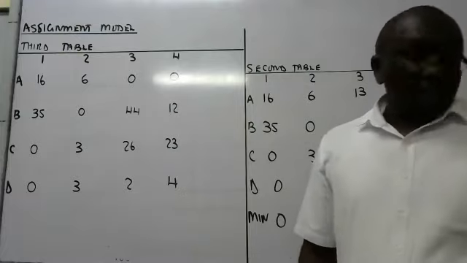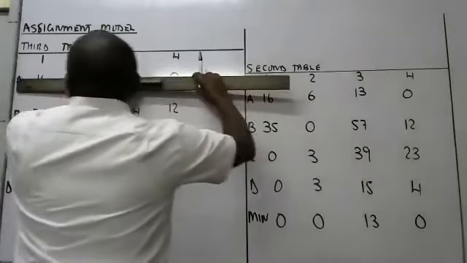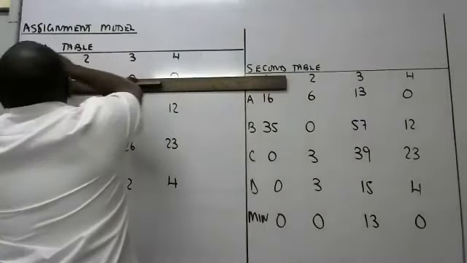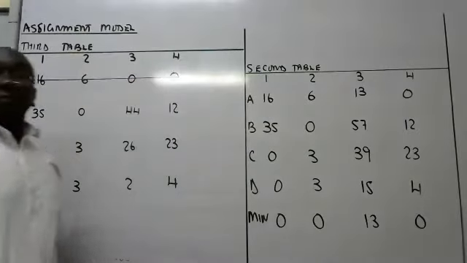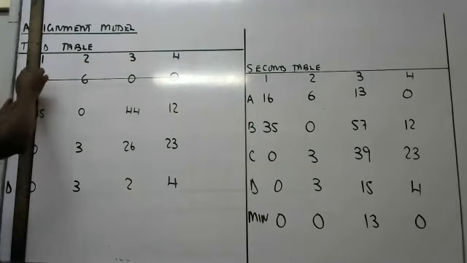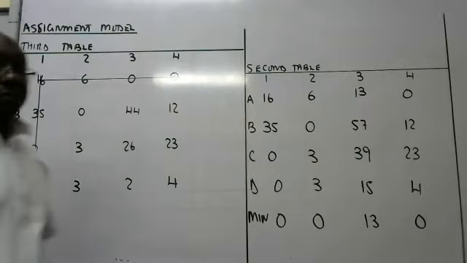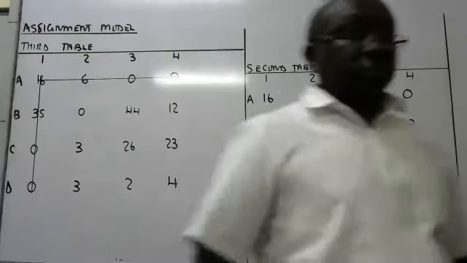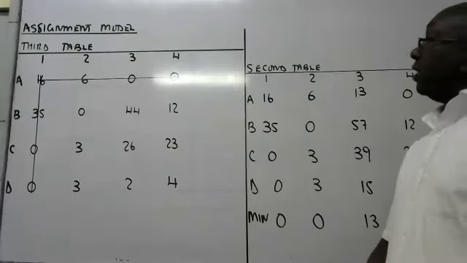So with both having 2, you draw a line like this to cross over those values, and here, cross over those values.